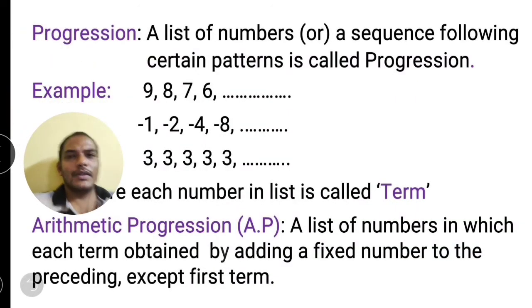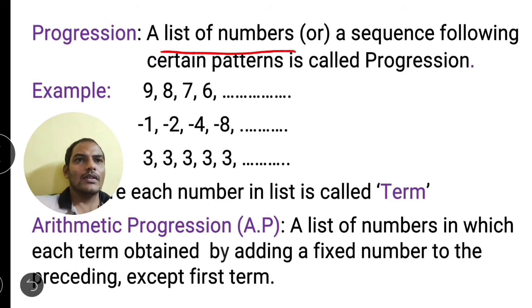The first definition is progression. A list of numbers or a sequence following certain patterns is called a progression. Let's see some examples. First example is 9, 8, 7, 6, dash.